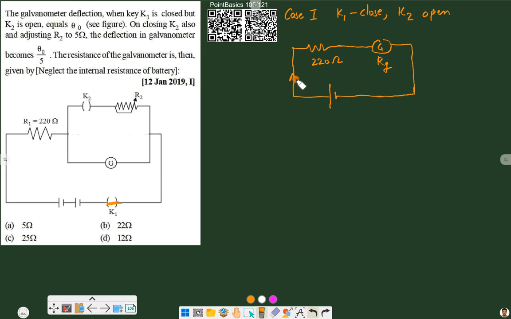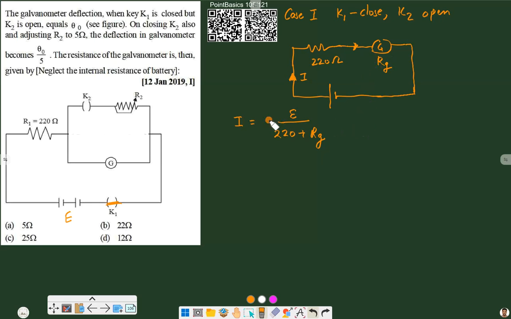Suppose there is current I flowing in this circuit, and the battery is E. Then the current I is equal to E by 220 plus the resistance of the galvanometer. This is the current in the circuit, and the same current will flow through the galvanometer, as this resistance and the galvanometer are in series.